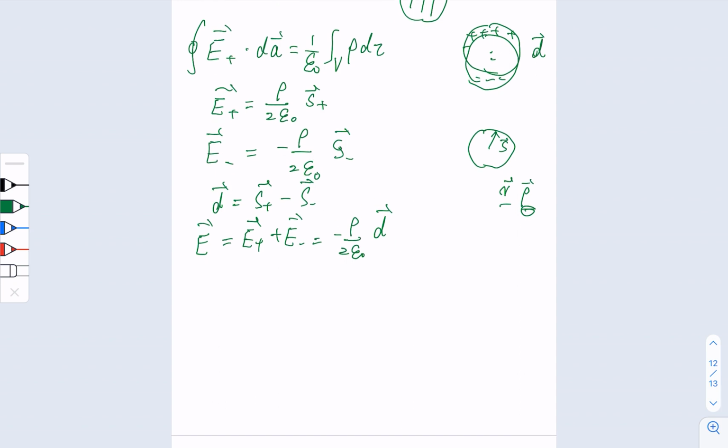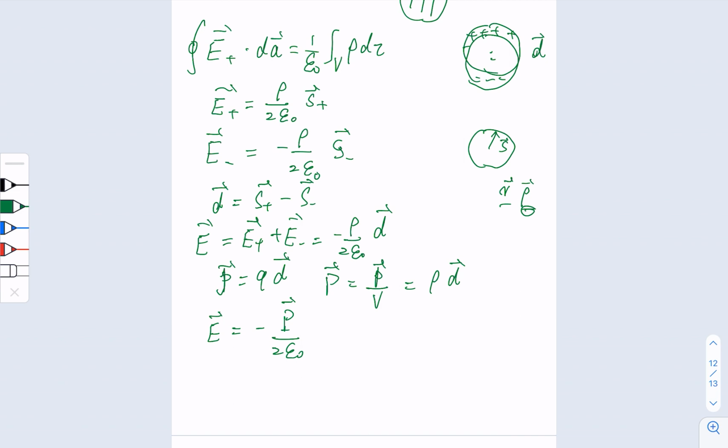And now, because this p is defined as Q times D, remember that this is the small p, which is the total dipole moment, and then you can think that the capital P, which is the total dipole moment per volume, should then be written as rho times the separation vector, and this means that the E inside should really be the capital P divided by 2 epsilon naught.